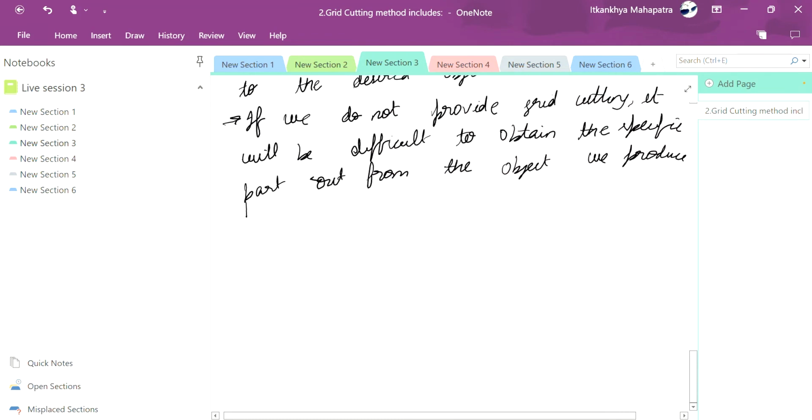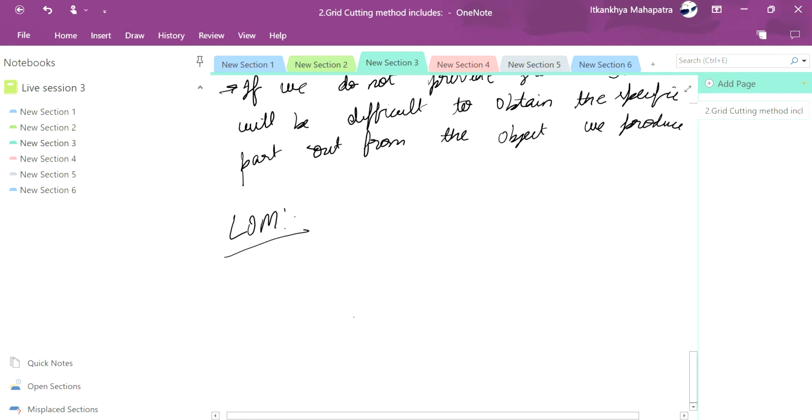I'll just write a line about LOM. Here, the cutting operation is performed to separate the unwanted part.